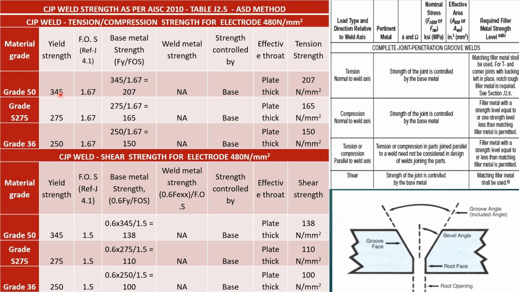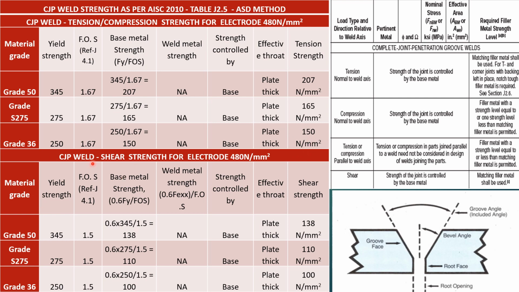We will see for grade 50, yield strength of the material is 345, FOS is 1.67, and our final base metal value is 207 Newton per mm square. So weld metal strength here need not be checked based on this condition. So strength is always controlled by base. So our final tensile strength value is 207 Newton per mm square. For grade 275, the value is 165. For grade 36, the tensile strength value is 150 Newton per mm square.